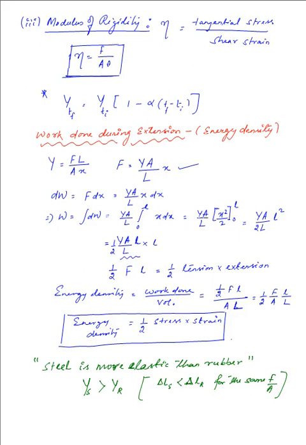For the same amount of force, the rubber will be extended by a greater distance, and as a result of that, the strain factor in that will be greater, and as a result of that, the modulus of elasticity, that is the Young's modulus in this case, will be greater for steel than that of the rubber, and hence we get such a result.